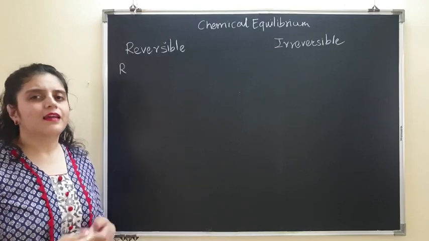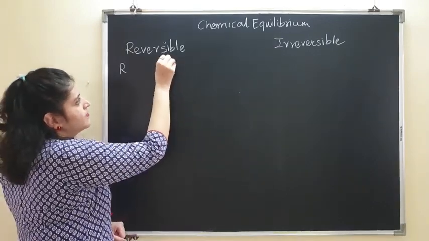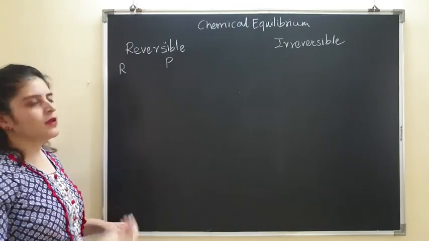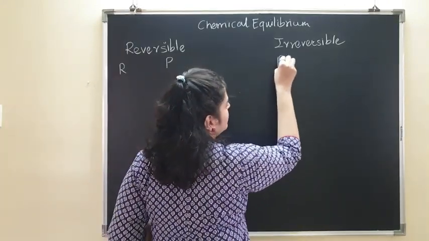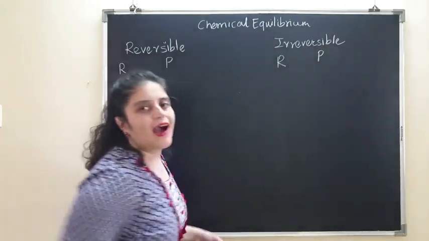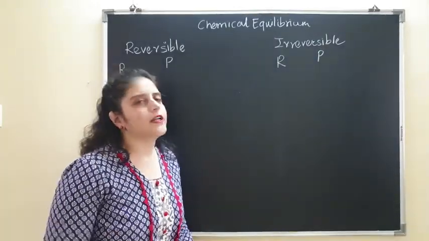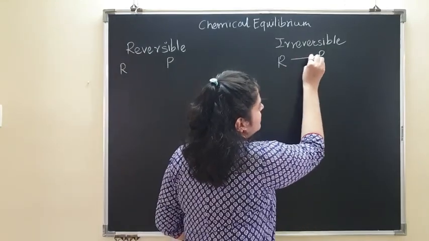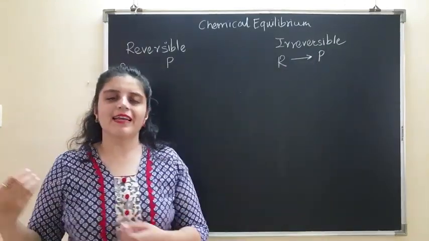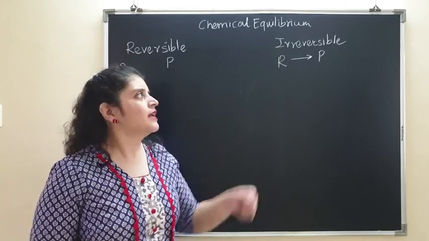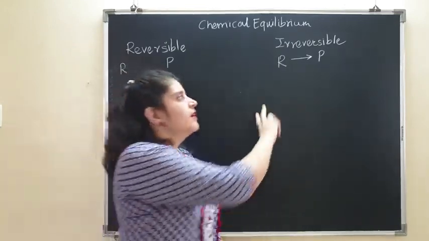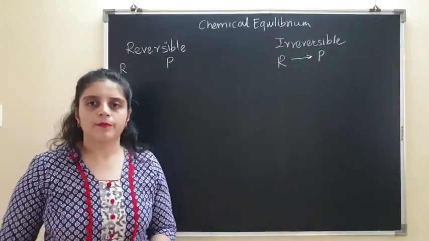If this R represents reactant and this P represents product, here also I will do the same thing. R is the reactant and P is the product. So in case of irreversible reaction, the reaction will take place only in one direction. That means all the molecules of the reactant will be converted into product.